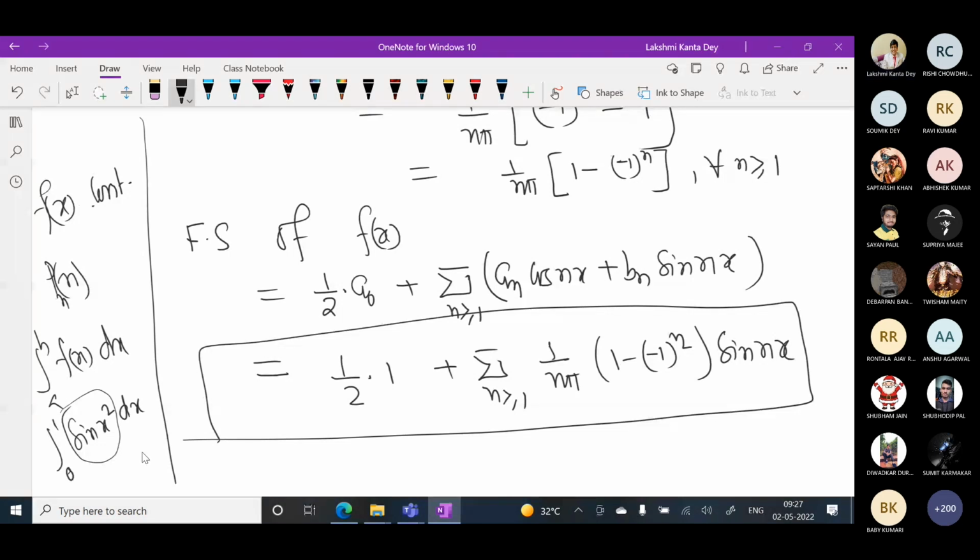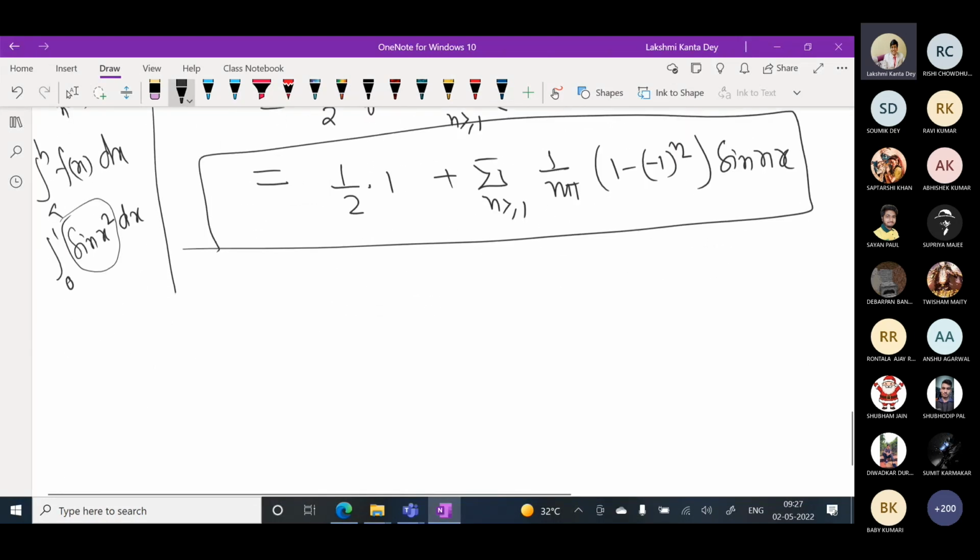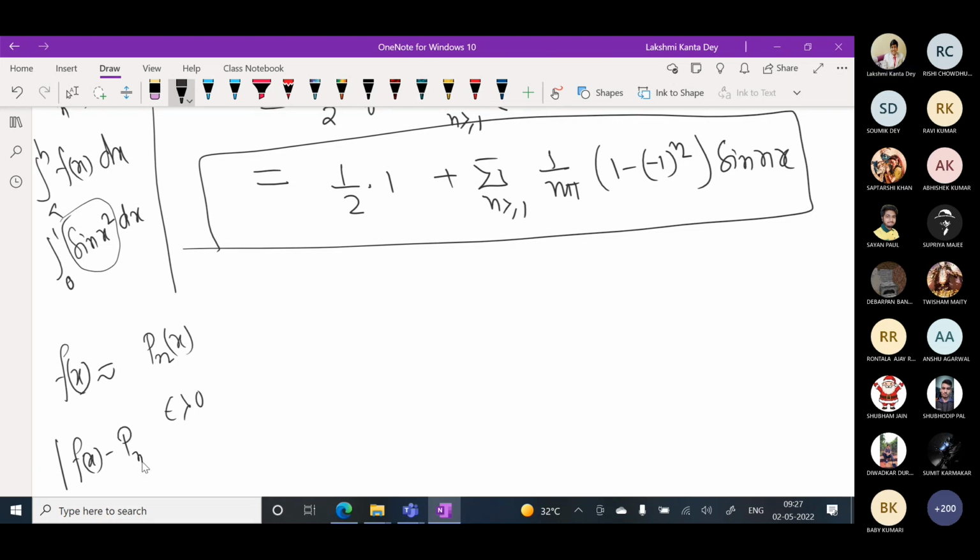So it is always beneficial if we can express any continuous function in terms of some polynomial function Pn(x). Means what? Suppose epsilon greater than 0, then mod of f(x) minus Pn(x) is less than epsilon. So this is a polynomial function. Suppose you are having a very small amount of error, that is your epsilon.